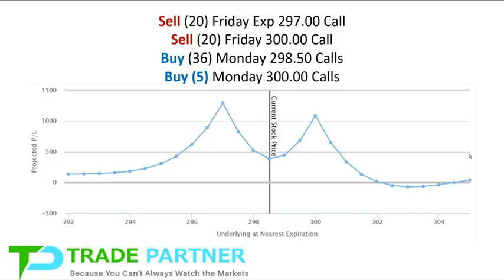So if the 295, 295.50 is at the money, and then the market moves up to 297, 297.50, then I can project that the 297, 297.50 will probably be priced somewhere close to where the current 295, 295.50 is. Again, I don't want to get too far into that, but that's a real quick explanation of that.